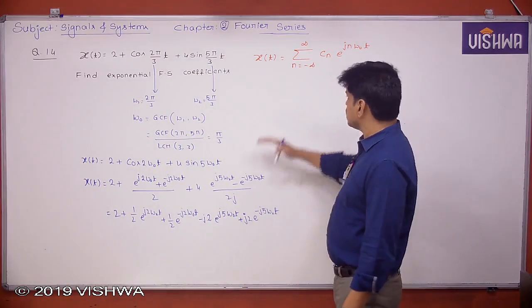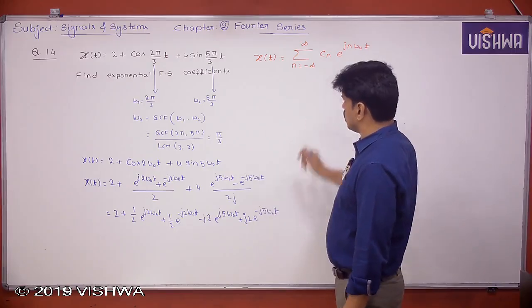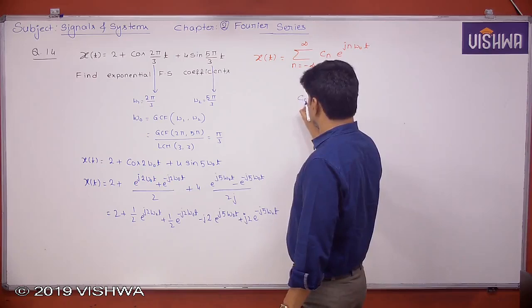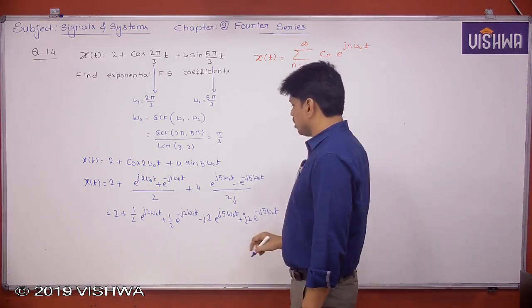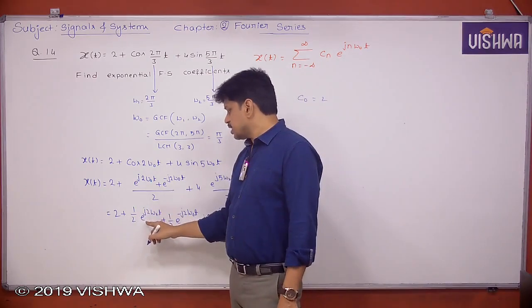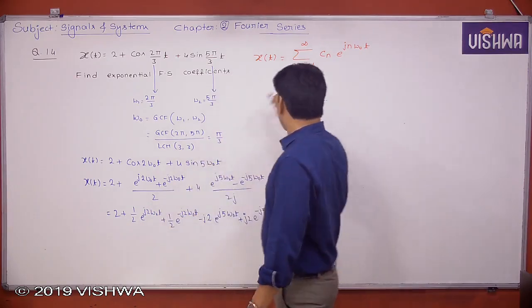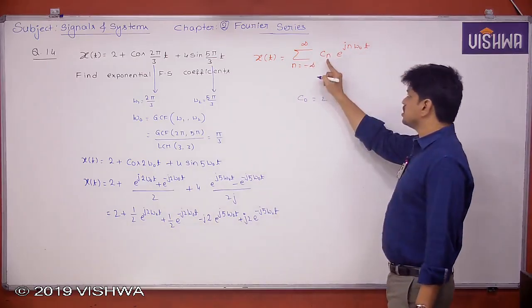By comparing these two expressions, what does this 2 indicate? C0. C0 is equal to 2. What does this 1/2 indicate? It is the coefficient of e^(j2ω0t). I told you if e^(jnω0t) is there, Cn is the coefficient.